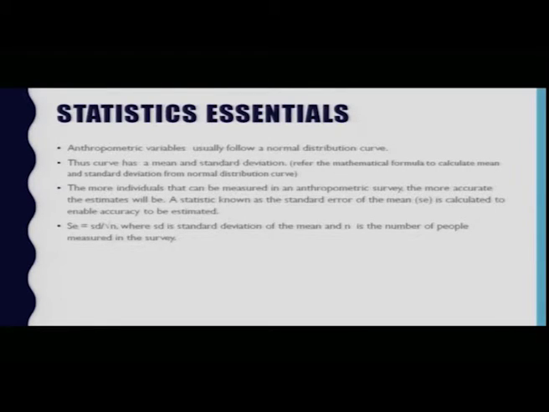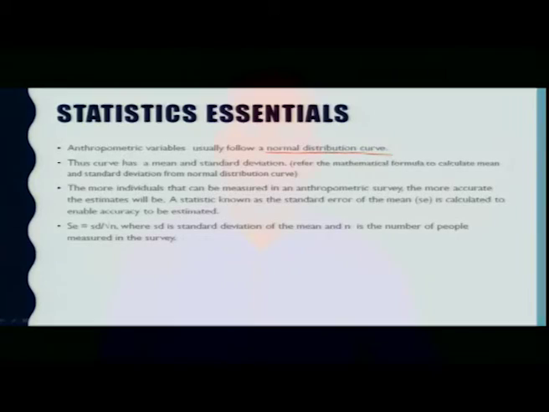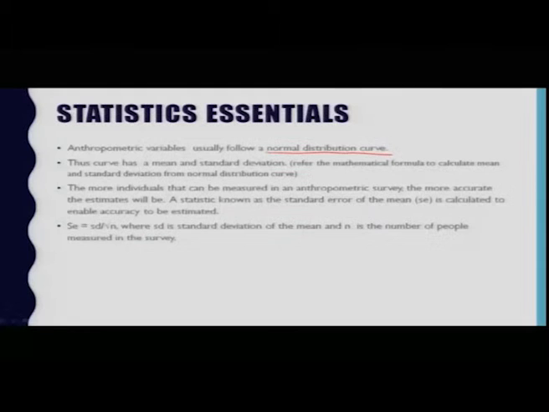As far as statistical measurements are concerned, anthropometric variables usually follow a normal distribution curve. Now we will understand what this normal distribution curve is all about, and what its importance is in analyzing any anthropometric data captured with the help of measurement of various parts of the body as per the requirement.